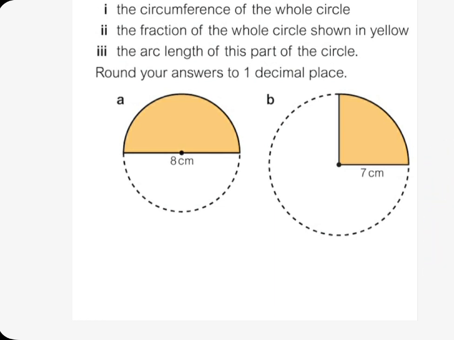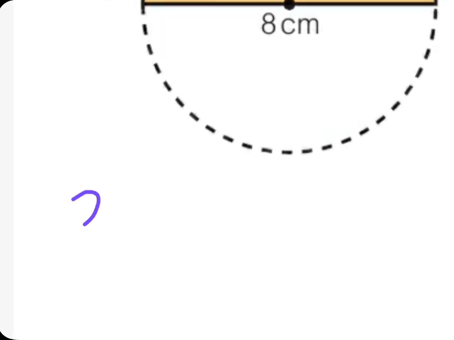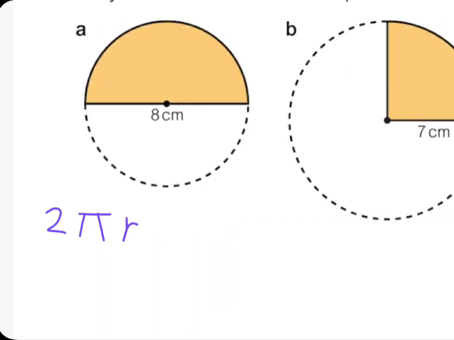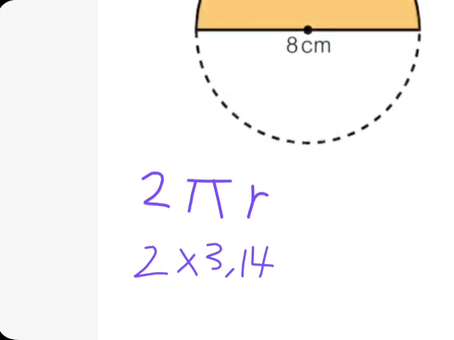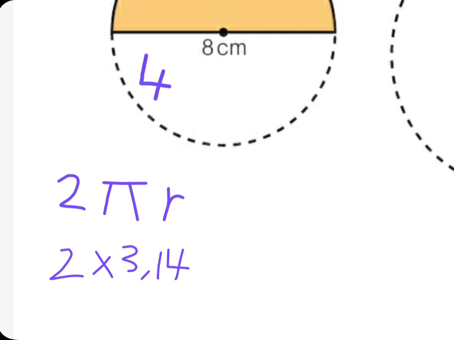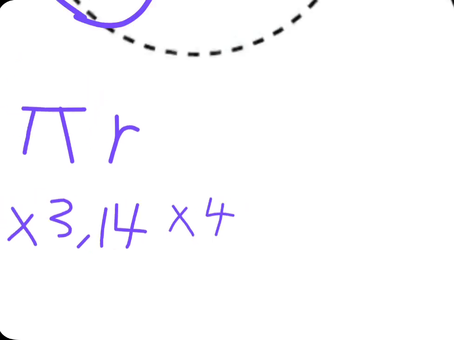The formula of circumference of circle is what? It's 2 pi r. Good. Now, 2 multiplied by pi, which is 3.14, and multiplied by the radius, which is 4 centimeters. Multiplied by 4. Good job.